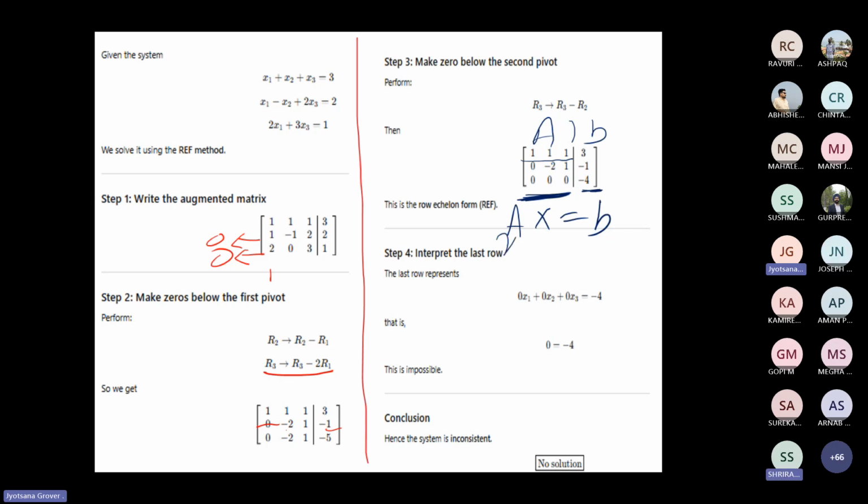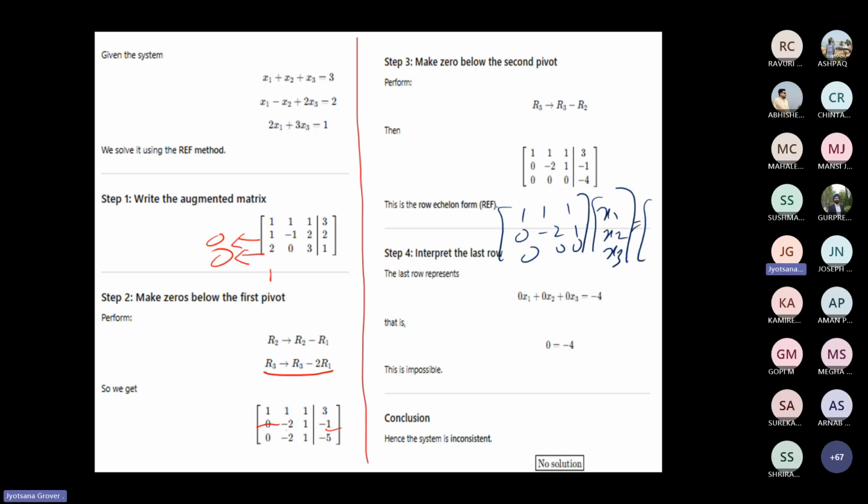So the matrix 1 1 1, 0 minus 2 1, 0 0 0, times x1 x2 x3, is equal to 3, minus 1, minus 4.